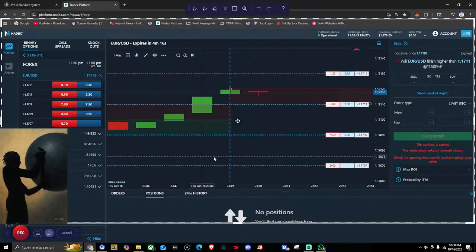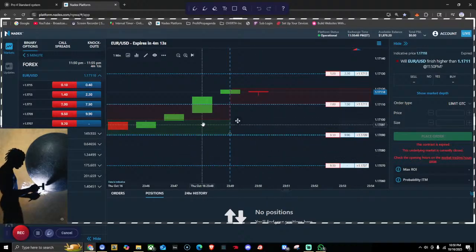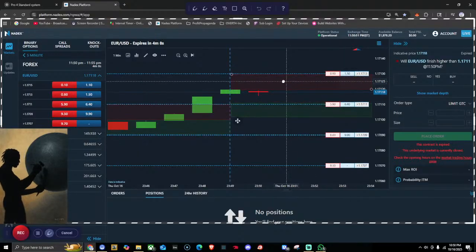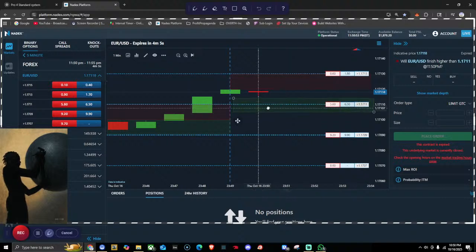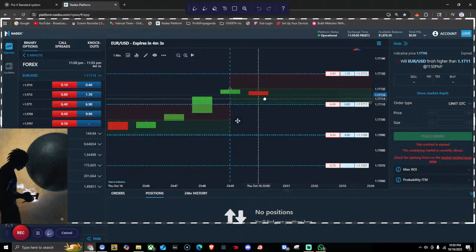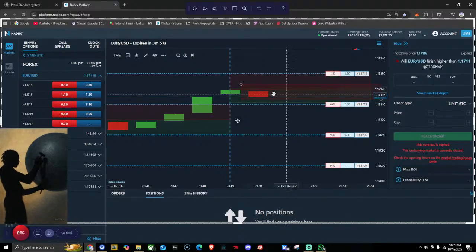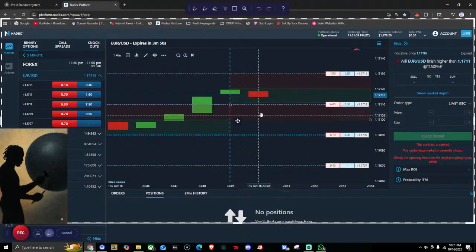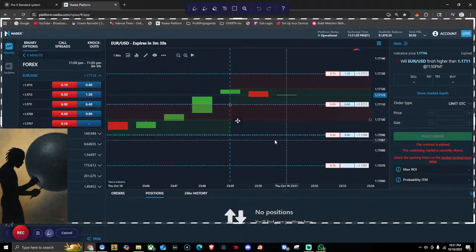It's just too much movement. Oh, my bad. There we go. Yeah, that jump, that skip in micro pips, that's not a good sign for stability purposes. But keep on looking.